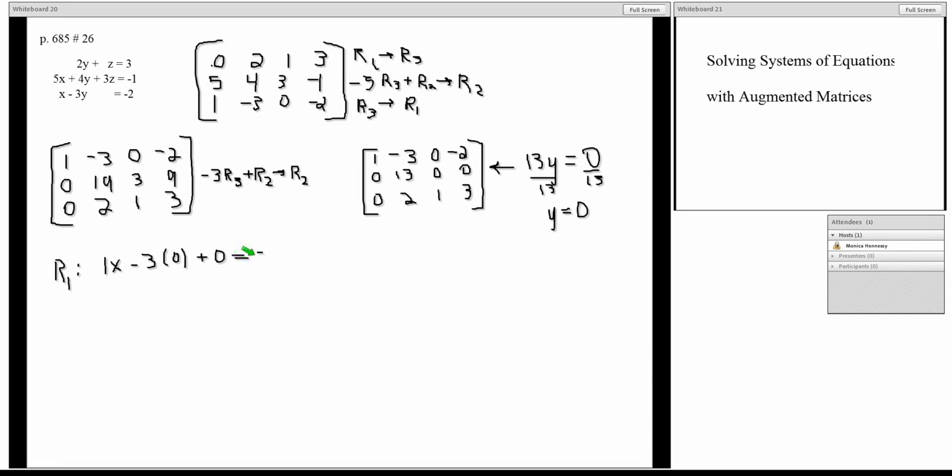Alright, so since we have y equals 0, I can substitute it into the first equation and get my x because that doesn't have a z. I can substitute it back into the third row and I will get the z because it doesn't have an x. So let's look at row 1.